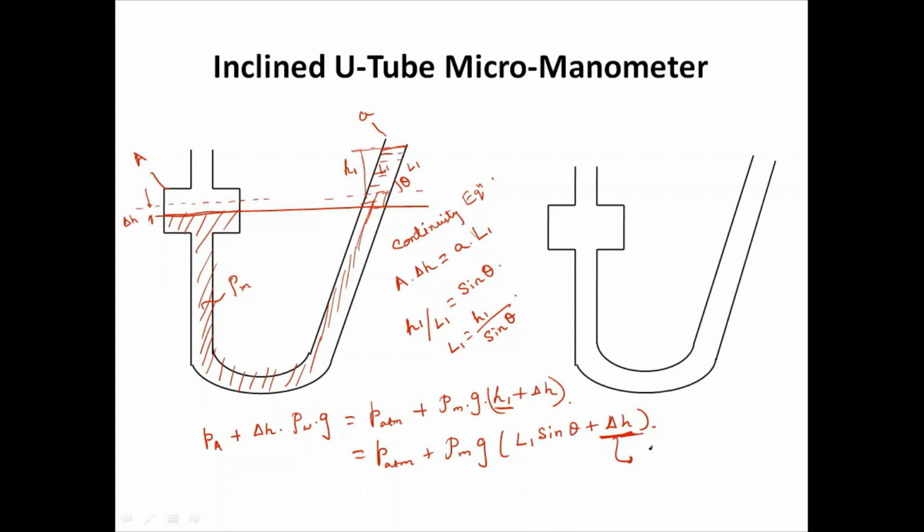That can be written as delta H is equal to A by small a, in terms of A. From the scale, you will be able to get L1.